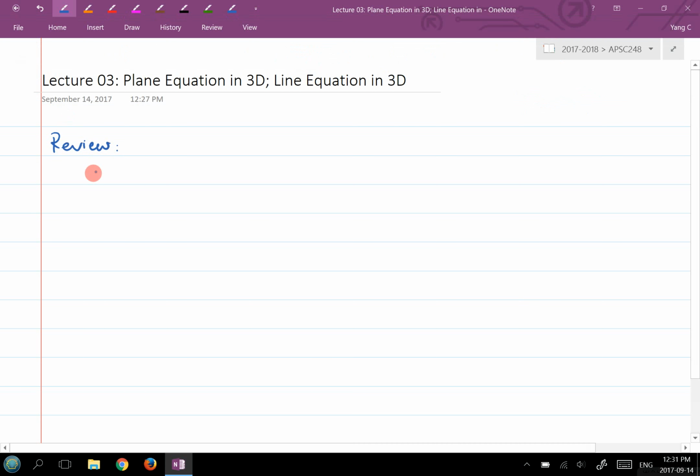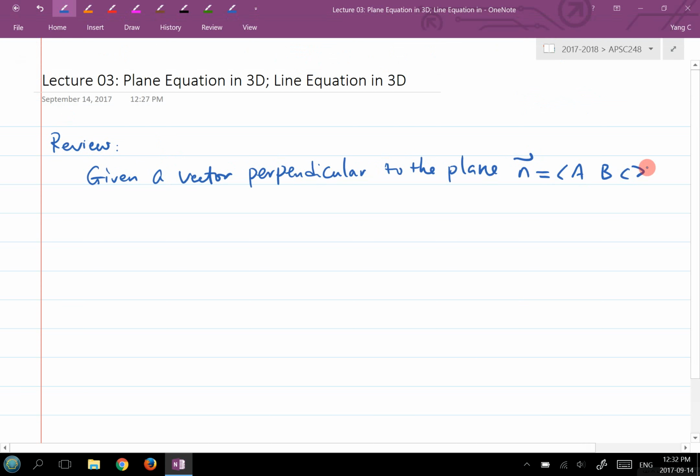Basically what you need is a vector. You need to have a vector that is perpendicular to the plane. Let's call it n, and let's say n is given by (a, b, c).